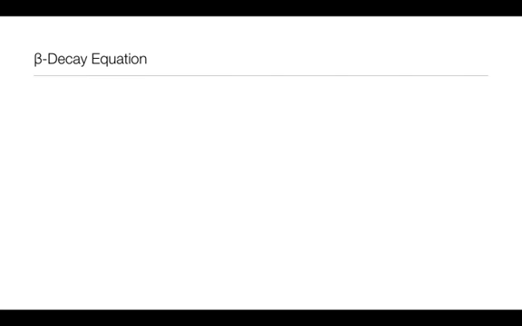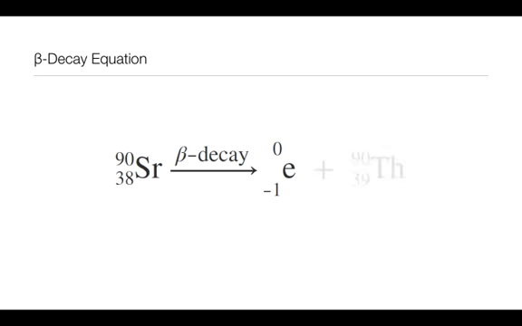In our beta decay, very similar situation. We've got strontium-90. It undergoes a beta decay process, and in the process ejects an electron from the nucleus. Based on this information, we'll see that the element that's left behind is going to also have a nuclear mass of 90 because we haven't changed that mass. The total number of protons and neutrons is the same.